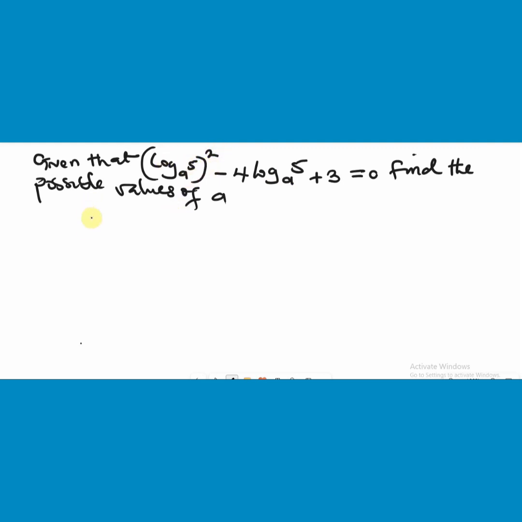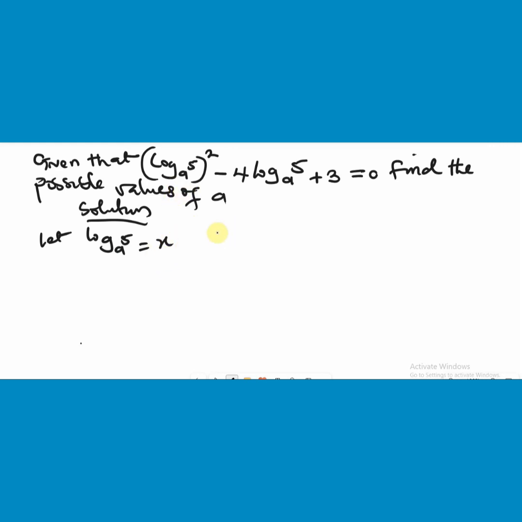So what I can do here is to try to form this equation into a quadratic equation by saying let log_a 5 be equal to x. So meaning that in this equation I'm going to replace log_a 5 with x.